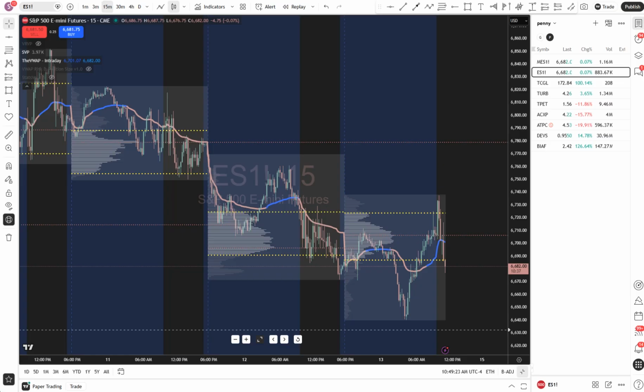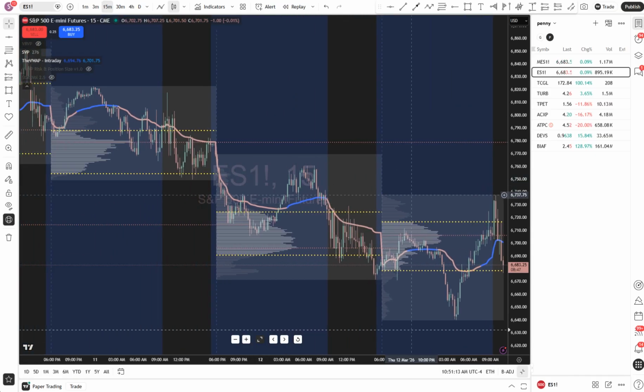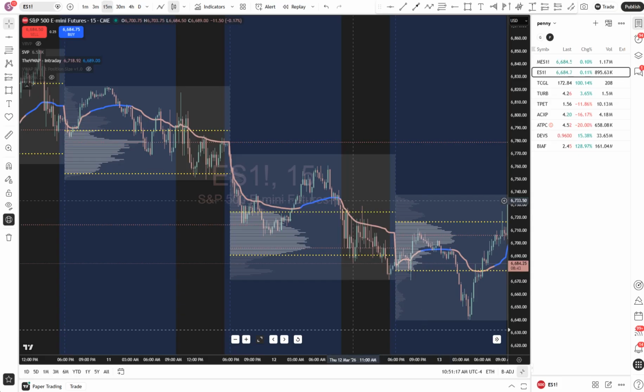And we're going to talk about that right now, and that is finding the best support and resistance levels based on trapped traders. I'm going to go through an example that I took today, why I took it, and how I found those trap trades. Okay, so here's today's open.